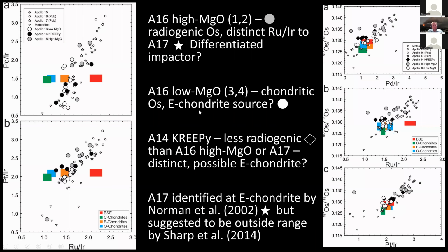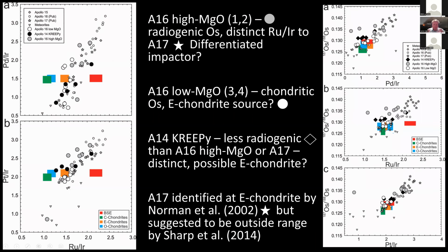The Apollo 14 KREEP, or incompatible trace element rich rocks, are less radiogenic than the Apollo 16 high MgO or Apollo 17, and they suggest a possibly distinct enstatite-type chondrite source. And as we mentioned before, at the Apollo 17 site it's thought that these are enstatite chondrites, but suggested to be outside the range by Sharp.